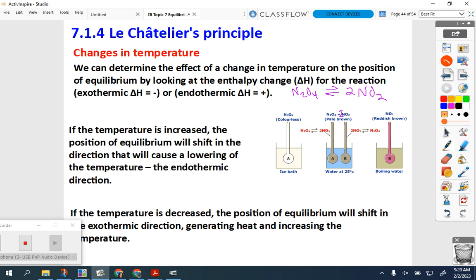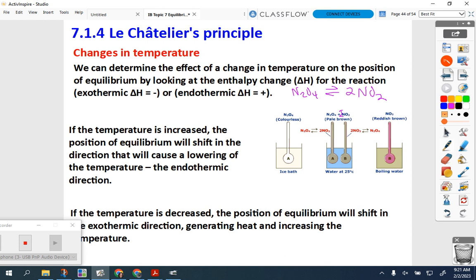So which side is going to be producing heat? Okay, so our N2O4, if we chill it, if we reduce the temperature, we're driving it towards the N2O4 side. So where is the heat? Is it on the product side or on the reactant side?